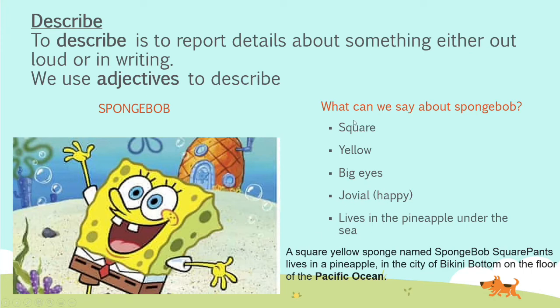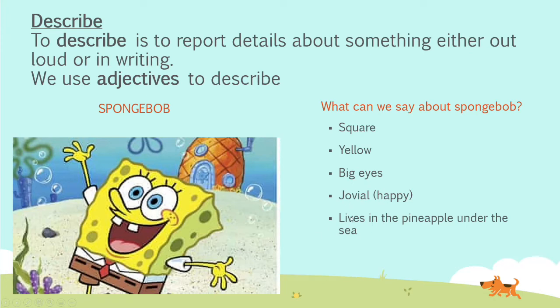Okay, so these are some examples of the adjective, iaitu kata sifat yang kita boleh ceritakan tentang SpongeBob. Kita tengok gambar dia, we look at the pictures and we jot down. Kita tulis. Okay, so SpongeBob is square, yellow, big eyes, jovial, lives in the pineapple under the sea, wearing tie.